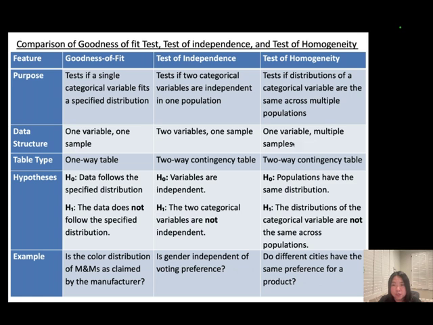The test of homogeneity has only one variable, but we do have two or more samples. Okay, so when you work on the questions, you have to be really clear which test you're working on. They will have different hypotheses for these three tests.